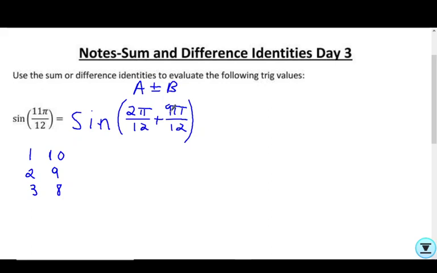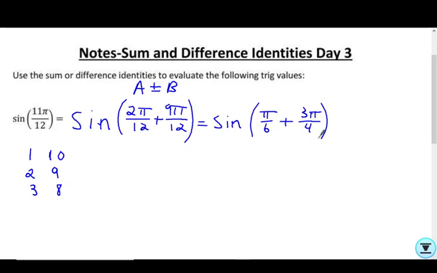So that means that basically this is sine, and when you reduce 2 over 12, you get pi over 6, plus, and when you reduce 9 pi over 12, since they're both divisible by 3, you're going to get 3 pi over 4. And both of those angles are in fact on our unit circle.